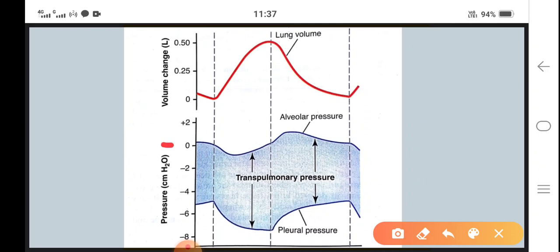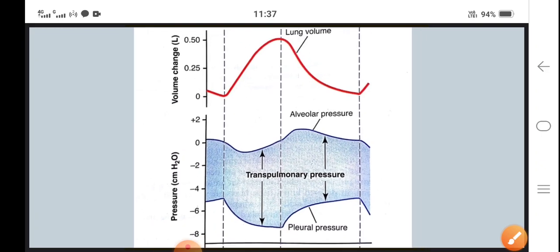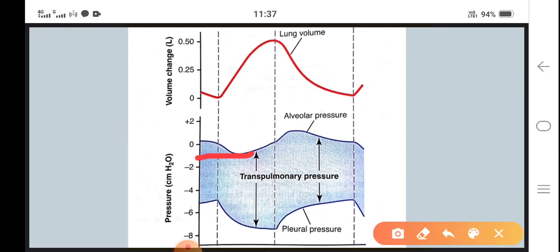But a slight reduction in the pressure, which becomes minus 1 cm H2O, is responsible for inhalation of 0.5 liter of air into the lungs within the 2 seconds during a quiet normal breath.